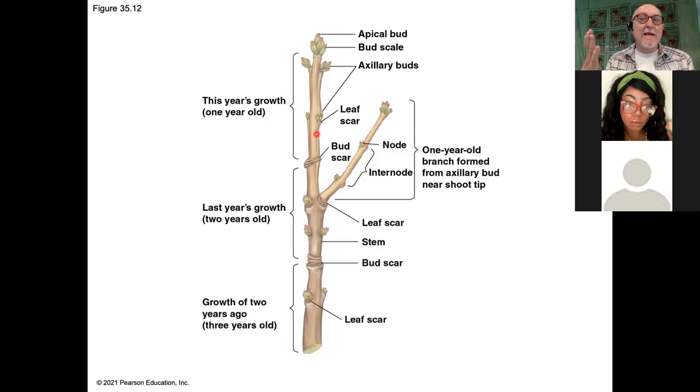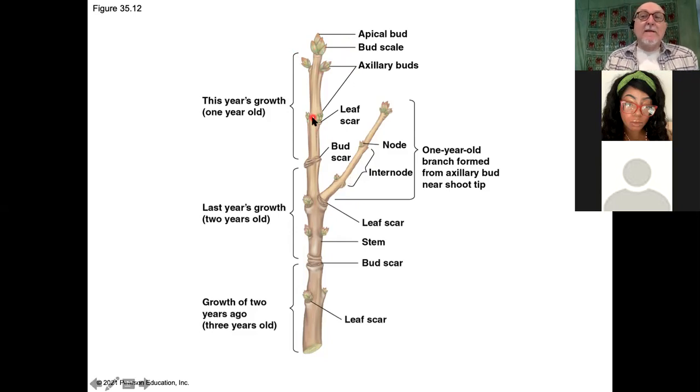And if a tree is a deciduous tree, if it drops its leaves in winter, then we can see the leaf scars that are left behind. A new stem, of course, is ready to grow in the spring from the apical bud there.